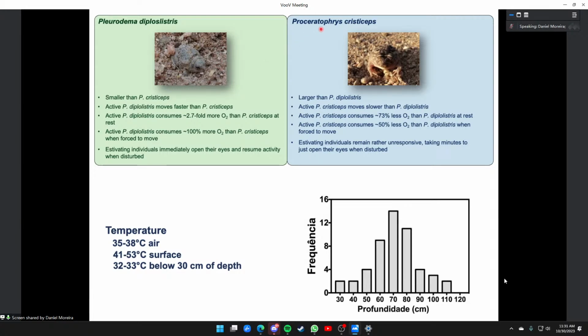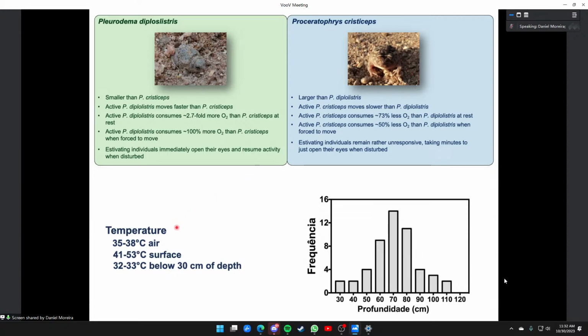In the case of Proceratophrys, this does not happen. Here is a frog that we dug out, we manipulated it by hand, put it on another surface, and it appears to be sleeping. So it's not as responsive as Pleurodema.